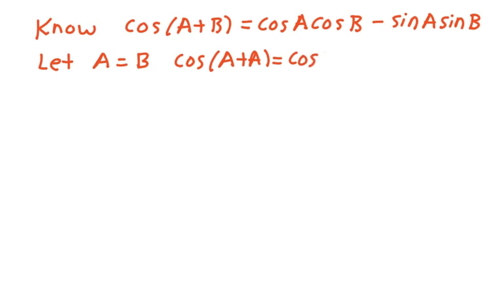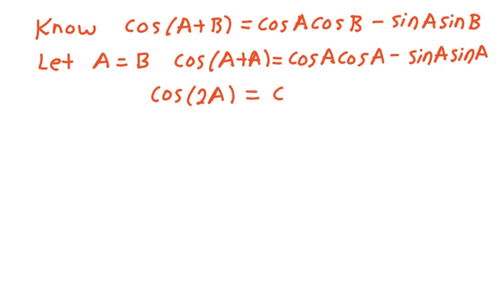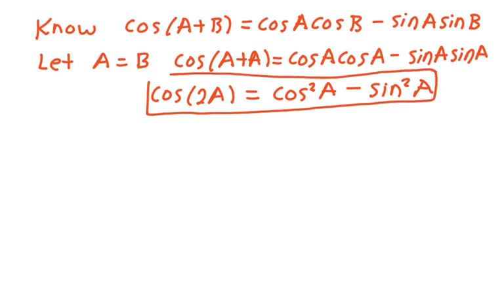But this is cosine a cosine a minus sine a sine a. And so a plus a is 2a. So we get cosine of 2a is cosine squared a minus sine squared a. Now, this is one of the identities for the double angle formula for cosine, okay?